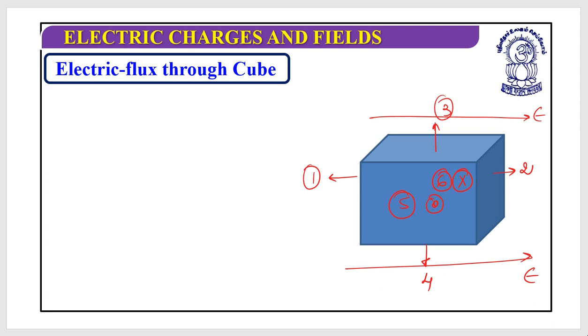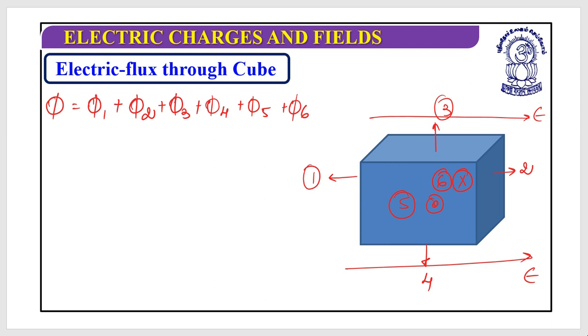Okay, let's move on. Now what you need to do is calculate the flux through each surface. So what I should write is flux is equal to flux through 1 plus flux through 2 plus flux through 3 plus 4 plus 5 plus 6.